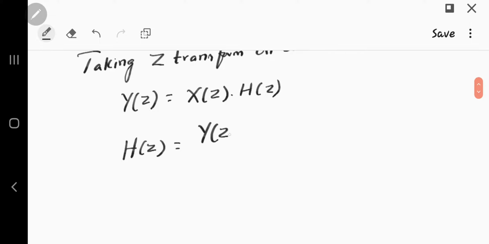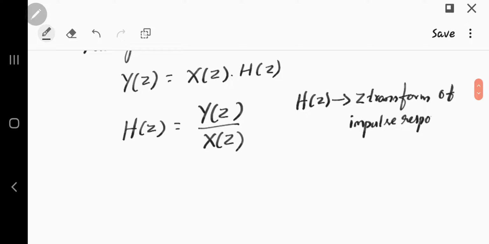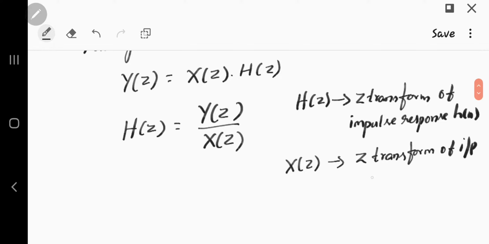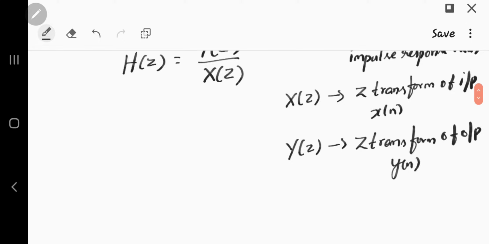So h of z is equal to y of z divided by x of z, where h of z is the z transform of the impulse response h of n, x of z is the z transform of input x of n, and y of z is the z transform of output y of n.